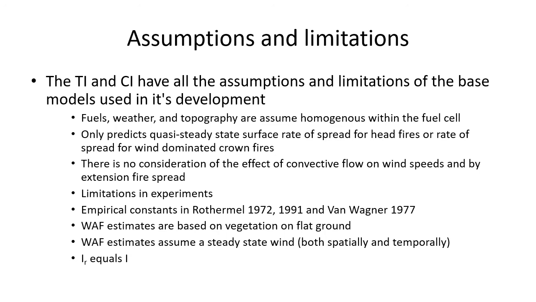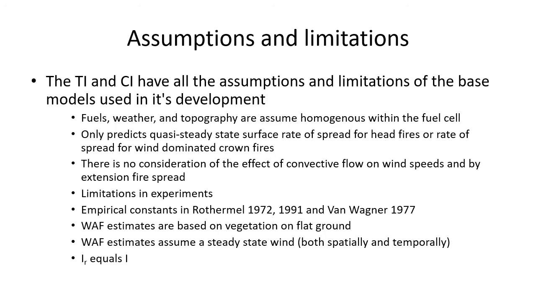So yeah, we've got to keep our model assumptions in mind when we're using these indices. They're still really widely used. And one idea behind them is that even if maybe you don't buy this IR to I relationship, or you've got a problem with some of the other assumptions, even if you don't believe the true value, like say our analysis tells us that the torching index for a particular stand is 30 miles an hour.